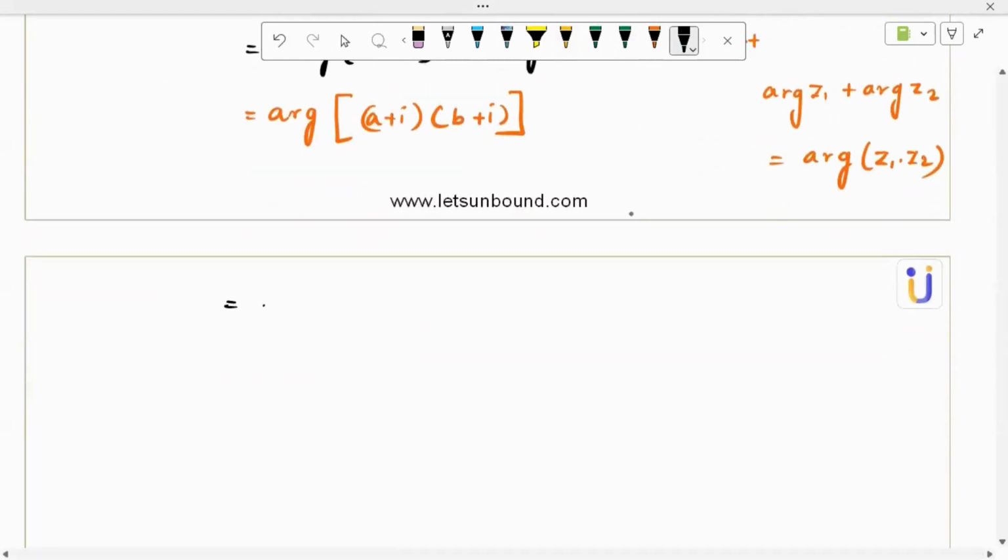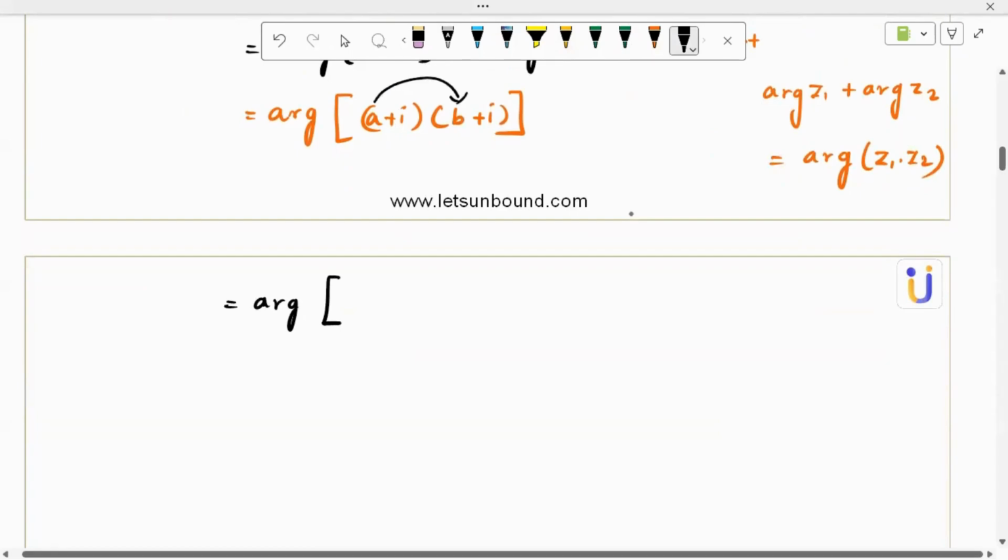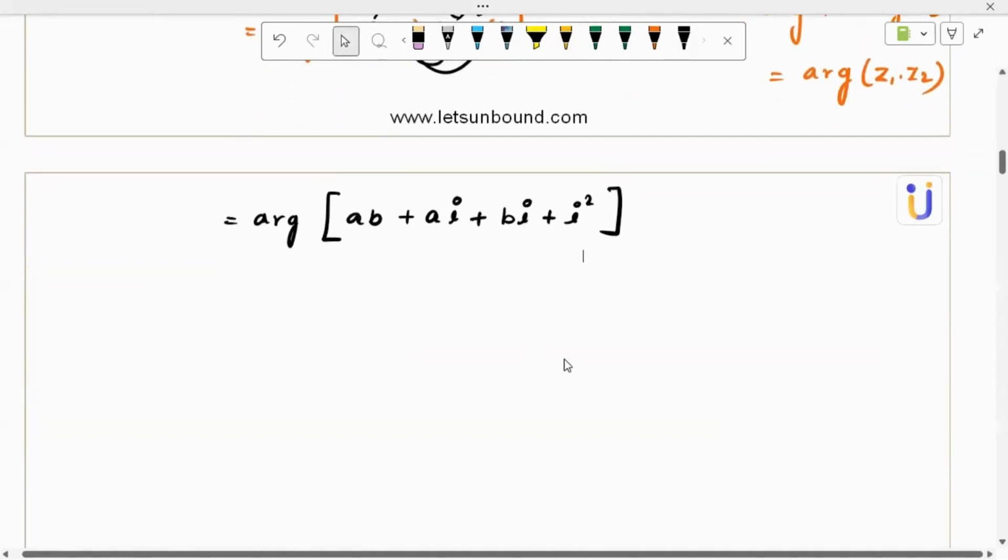So this can be simplified as argument of multiplying the complex numbers, like the normal FOIL method. a and b will give ab, plus ai, plus then you multiply i with this and this, so bi plus i square. And simplify further, this will be argument of ab minus 1, the real part, plus a plus b whole times i as the imaginary part.